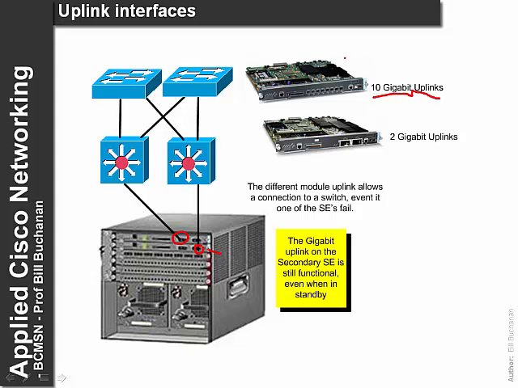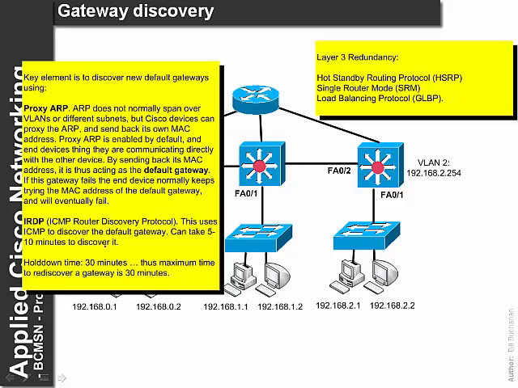This shows an example of a card with 10 gigabit uplinks, where this one only has 2. And the gigabit uplink on the SE, the secondary supervisor engine, is still functional even when the card is in a standby mode.